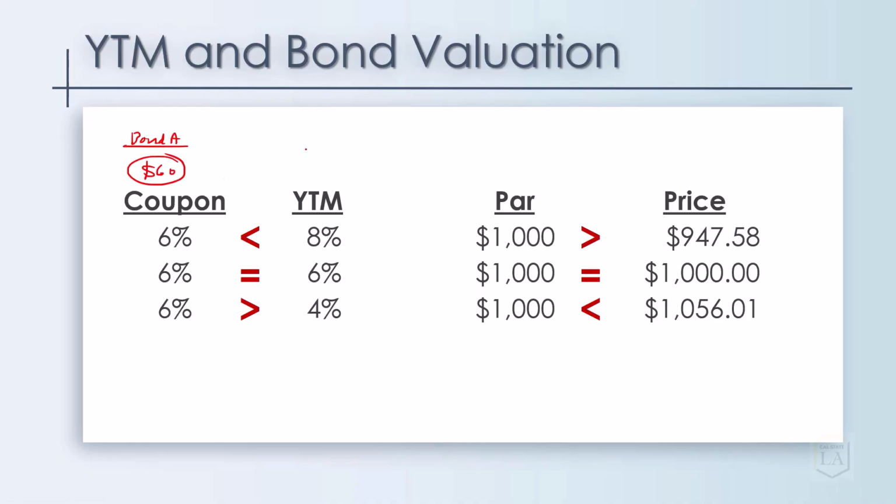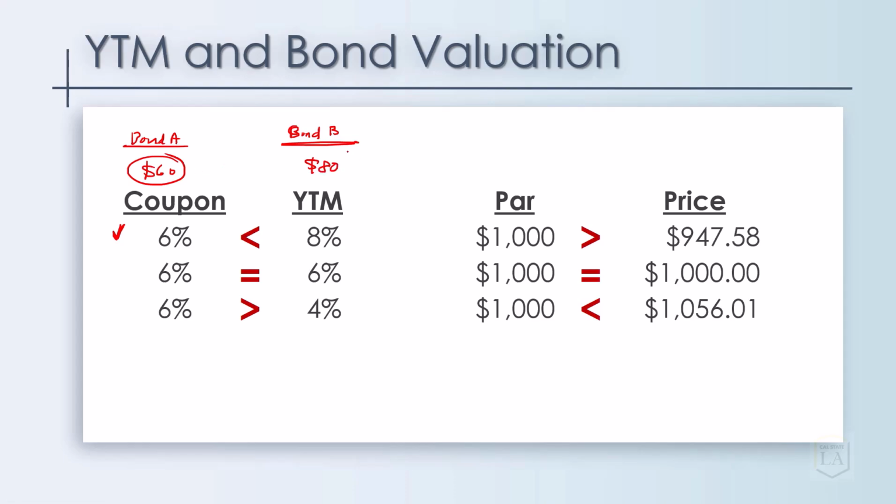On the other hand, if you wanted to invest in a comparable bond B, with similar risk and the same maturity, and it were just about to be issued, then its coupon rate would be the yield to maturity right now. Let's think of the first case, with a yield to maturity of 8%. Then the coupon rate for that comparable bond B would provide you with a coupon payment of $80.